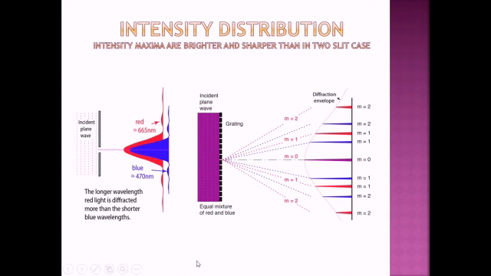The longer wavelength red light is diffracted more than the shorter blue wavelengths. As red light has longer wavelength, it is diffracted more. So these are the first order maxima and second order maxima on both sides for blue color, and the first order maxima and second order maxima for red color on both sides.